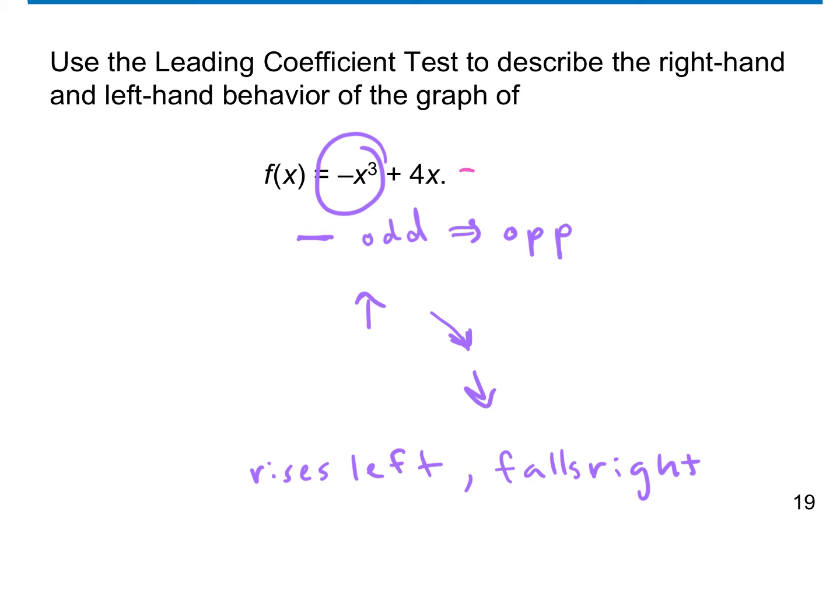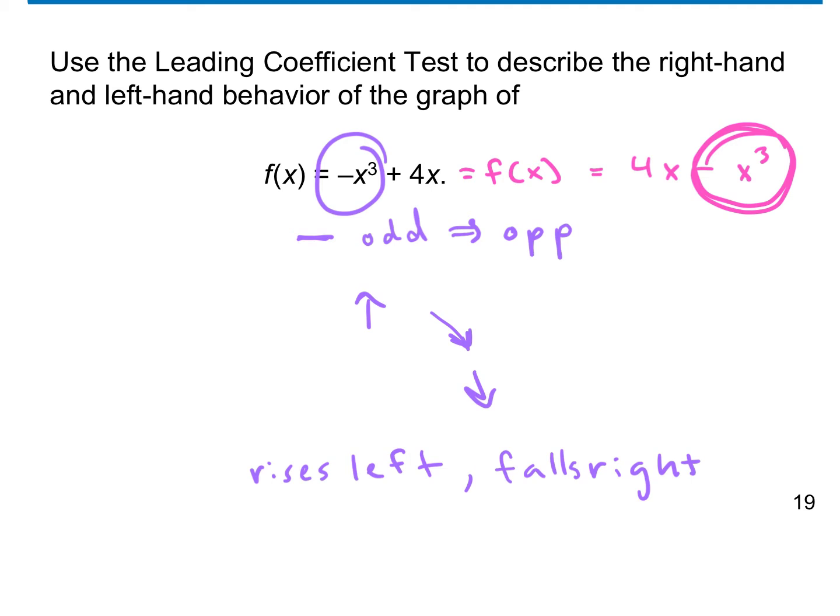So even if this was f of x here, you still read it left to right. Okay. Even if it was 4x minus x cubed, we're still looking at the highest degree term. So just be careful because that's not always going to be written first. Okay. But that's the one that determines the end behavior. The leading coefficient isn't the first one of the problem, right. It's just the biggest one. It's the one with the biggest degree. Mm-hmm.